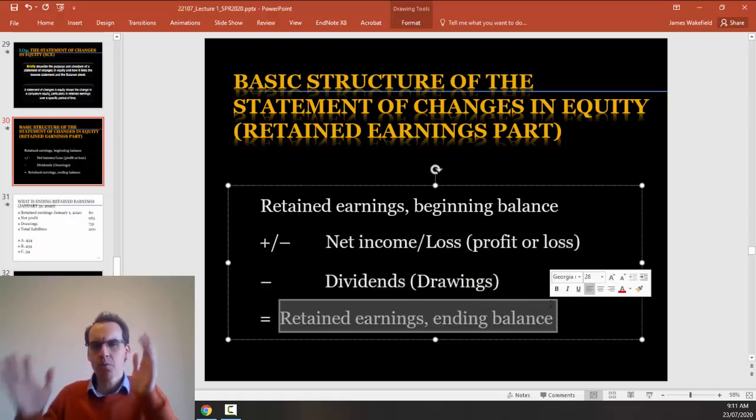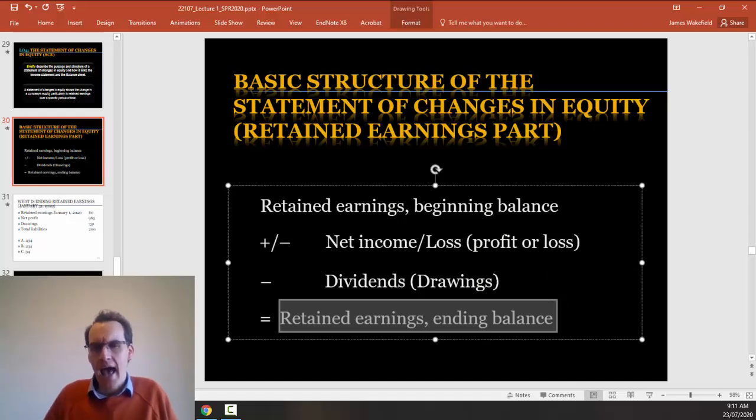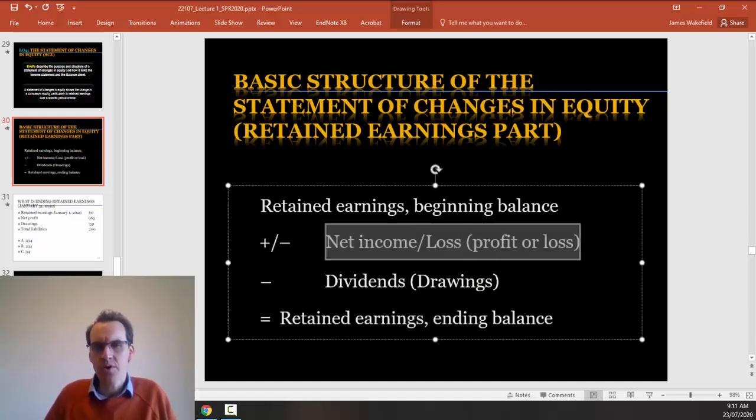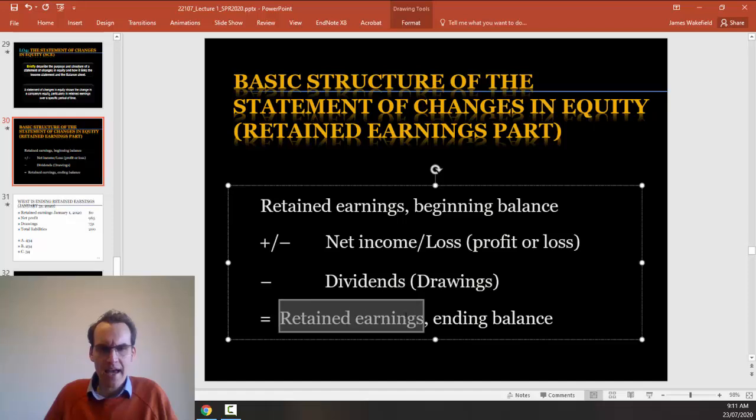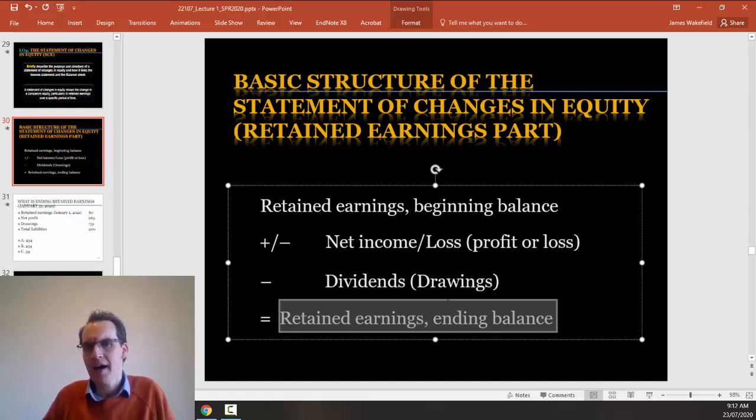So basically, what we start with, how much we increased that by according to our profit, and how much we took out based on our distributions to owners, gives us our ending retained earnings, right? So this is a fundamental part of the Statement of Changes in Equity because this is the most frequent change we see in equity.